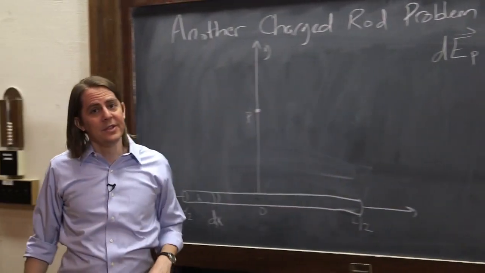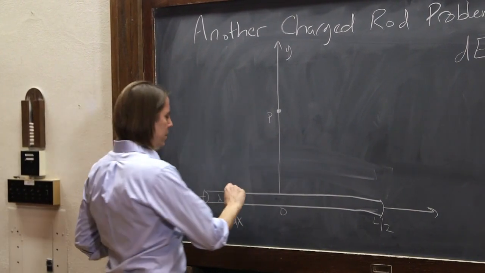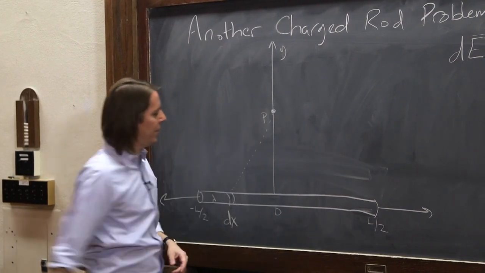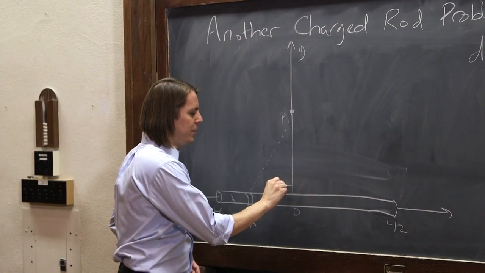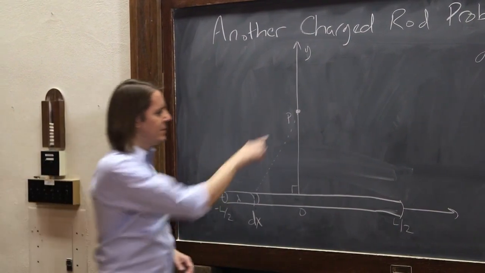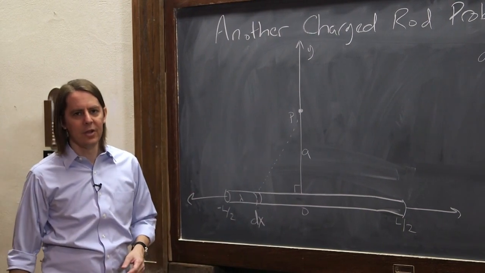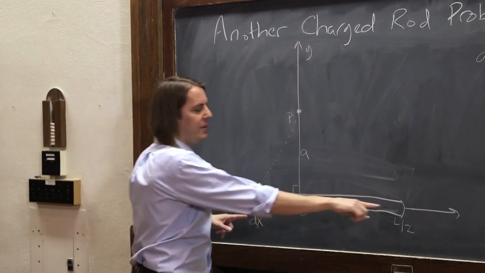So I'll go ahead and write lambda dx here. And now we have to think about the distance. What is the distance from dx to P? Well, we can draw it, sort of a dotted line like that, and see that it's a right triangle. That helps, because we know this side of the triangle, A, we know it's a distance A from the axis, and we know this side of the triangle because we know the x position of all the dx's.